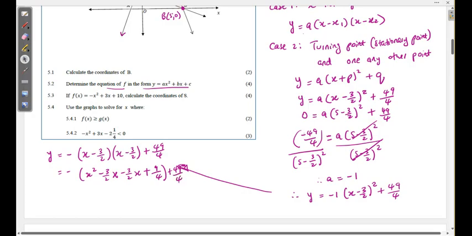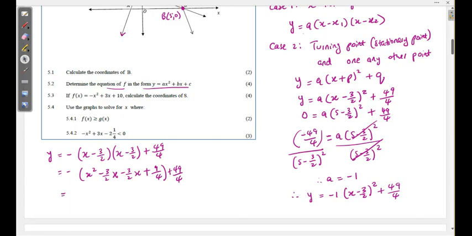So x squared minus 3 over 2x minus 3 over 2x should be minus 6 over 2, which is minus 3x, and then plus 9 over 4 plus 49 over 4. Then we multiply inside with a negative: negative x squared plus 3x minus 9 over 4 plus 49 over 4.